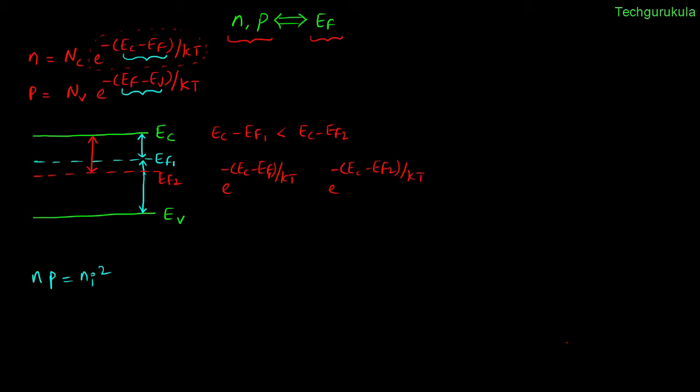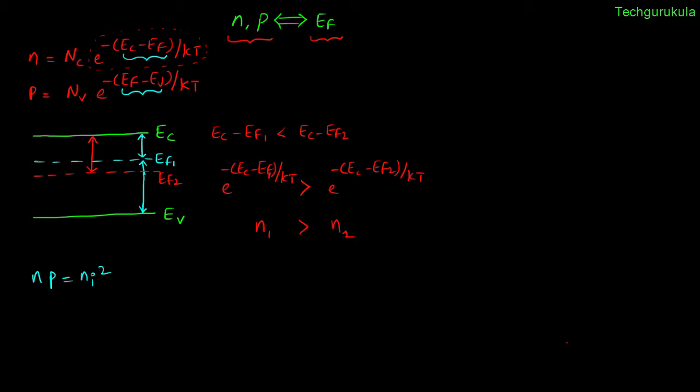And for both cases, Nc is assumed to be constant. So we can say the electron concentration in the first case is greater compared to the second case, which tells us that if the Fermi energy level is closer to the conduction band edge, Ec, then the electron concentration is higher.